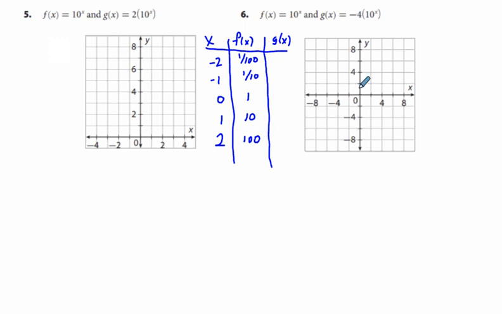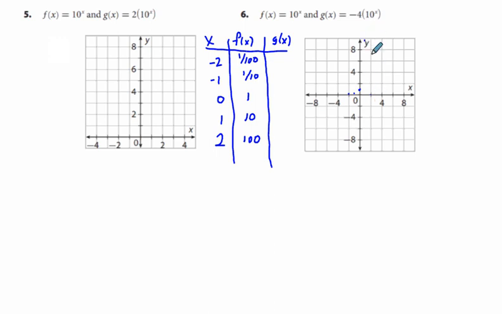So what that looks like is very much like problem number 1, but much steeper. So we have 0, 1, that's our y-intercept, and we have negative 1, 1/10, negative 2, 1/100. At 1, we have 10.